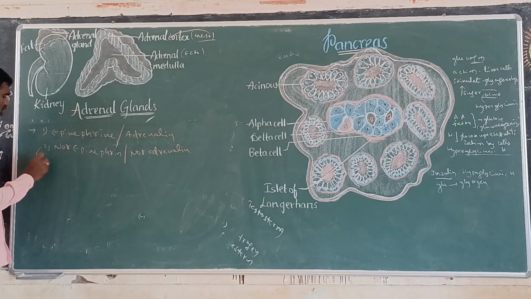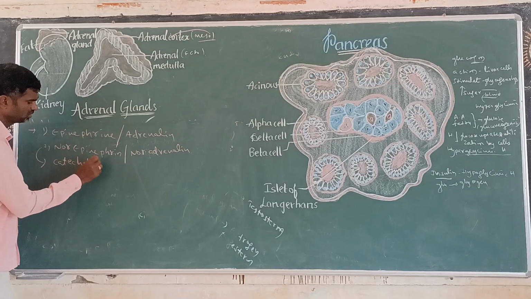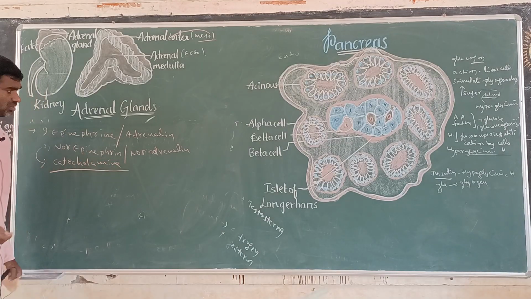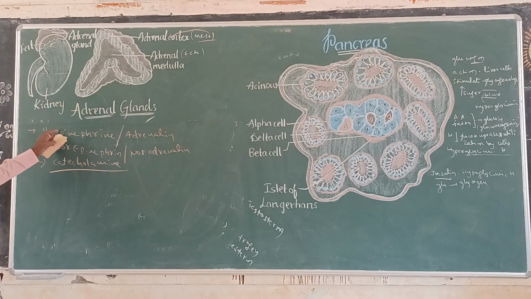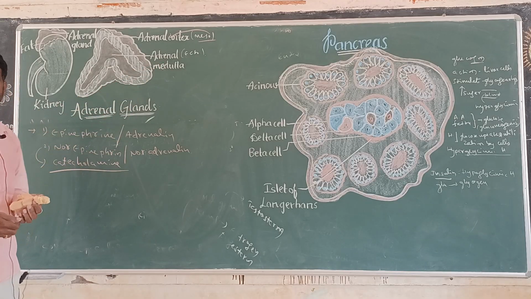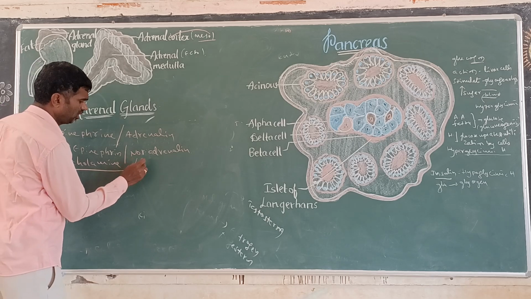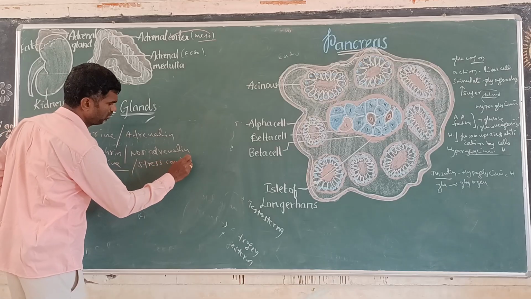Both are called catecholamines. It is very important. What do catecholamines mean? The adrenal medulla releases epinephrine and norepinephrine, so they are called catecholamines. It is called the stress combat hormone.